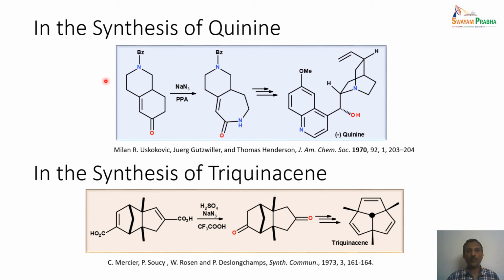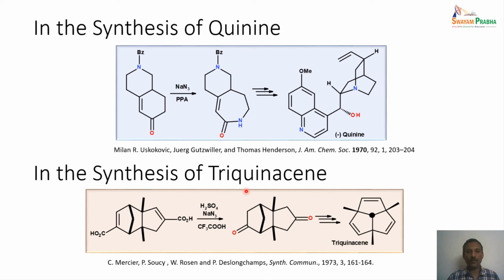And let us look at some of the applications of the Schmidt reaction. So the Schmidt reaction has been used for the synthesis of quinine. So this particular starting material is converted to the corresponding lactams using sodium azide in polyphosphoric acid, and this after various steps is converted to the quinine derivative. So this is a crucial Schmidt reaction which is essential for the heterocyclic ring formation.